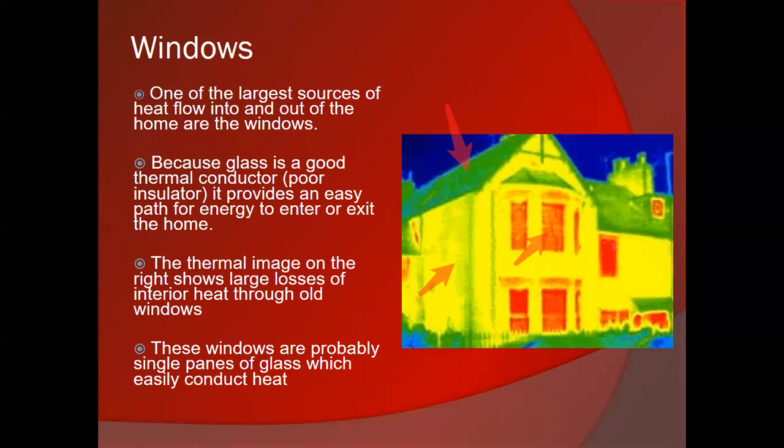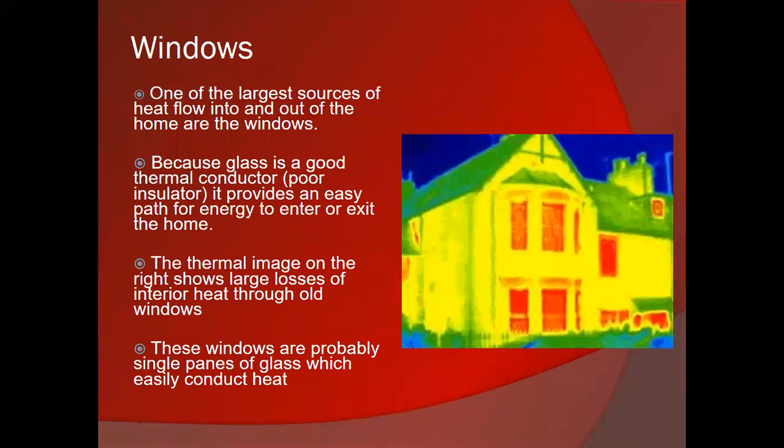So in terms of designing a house, or an apartment, or a building, one thing you've got to be very mindful of is windows are the really weak point in heating and cooling.